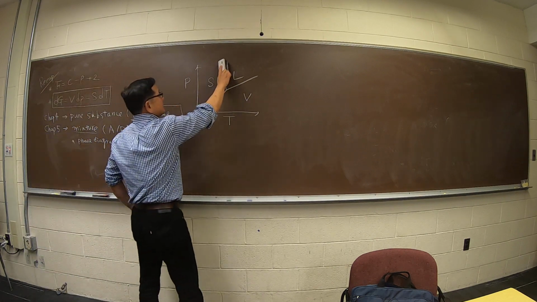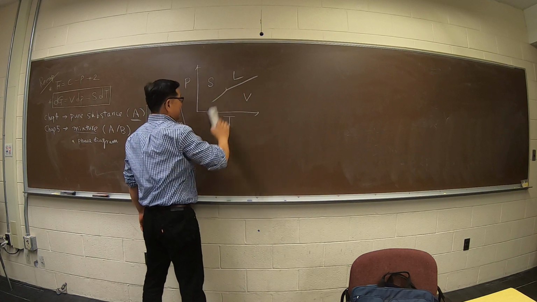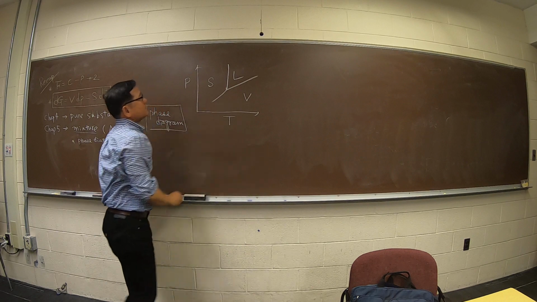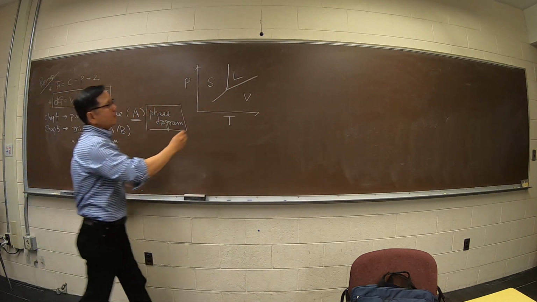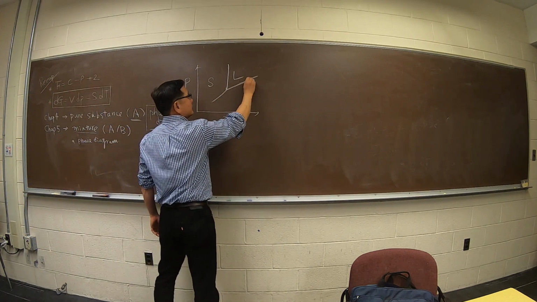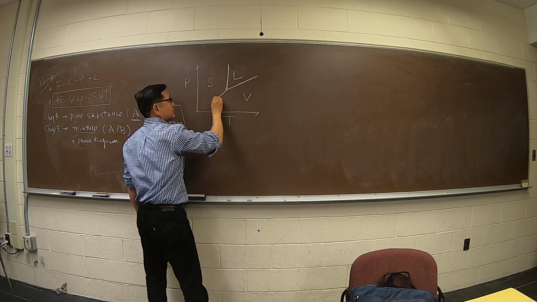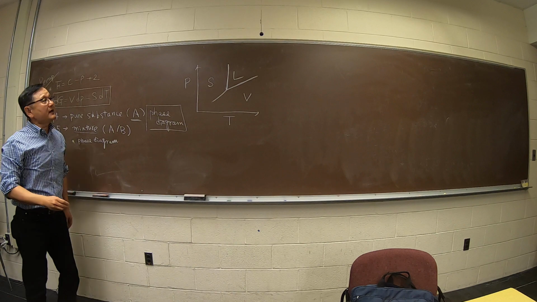And really the important part today is that I'm going to focus more on how we can understand what they call the phase boundary. What the phase boundary is, this is what I'm going to cover today.